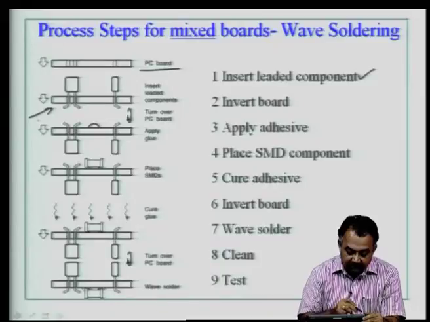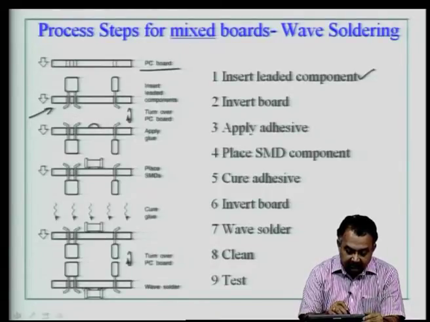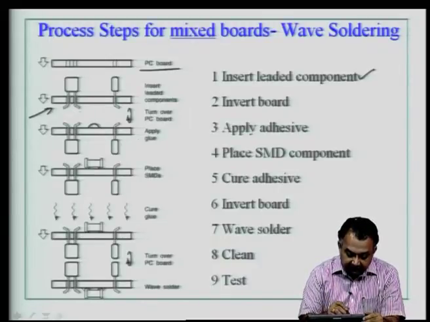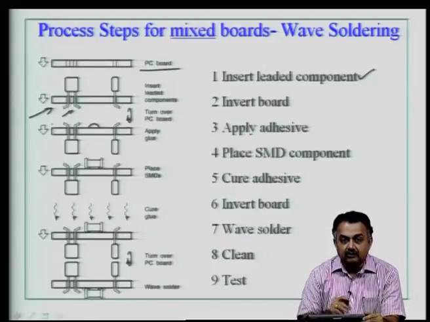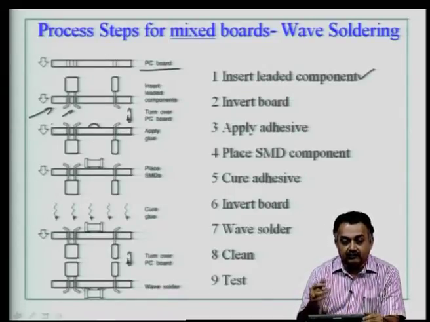You can see in this figure that we have inserted the various types of components through the plated through holes. Remember, the through hole is plated with copper, and the leads are then bent so that the component does not move away from its position when it enters the wave soldering equipment.